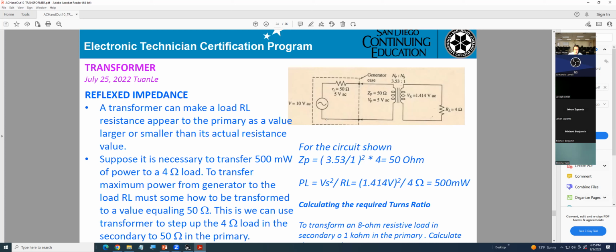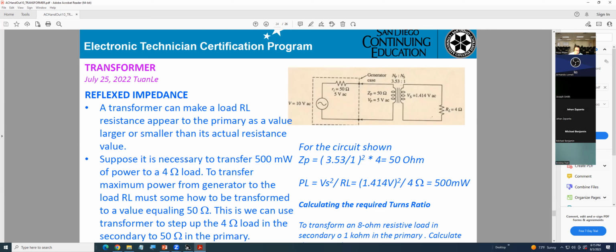Okay, let's see. The last one, reflected impedance. A transformer can make a load RL, that means the load right here, resistance appear to the primary at a value larger or smaller than its actual resistance value.